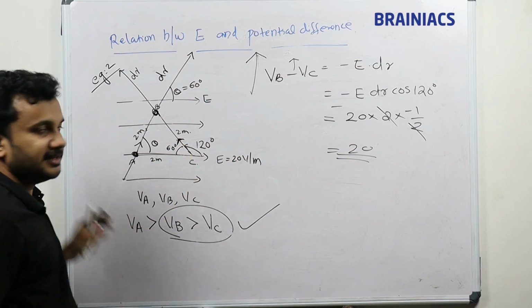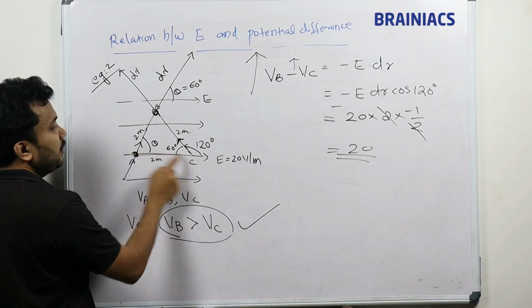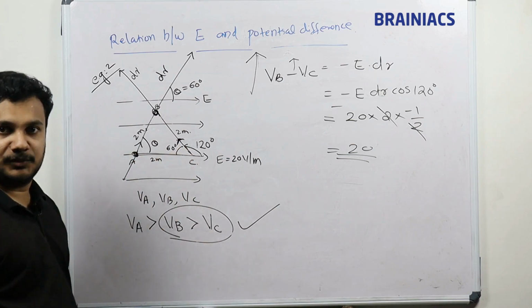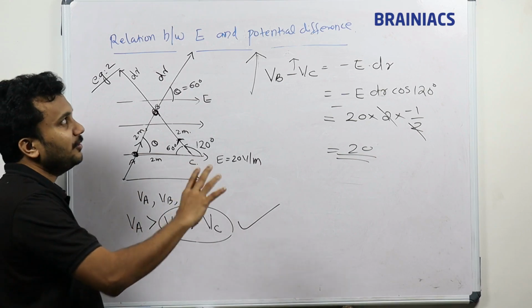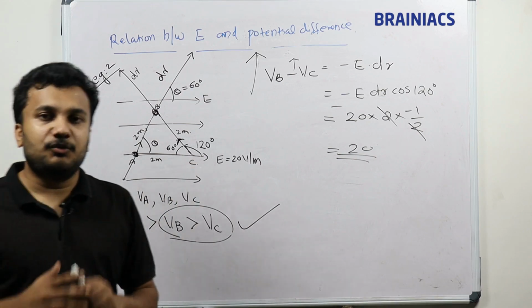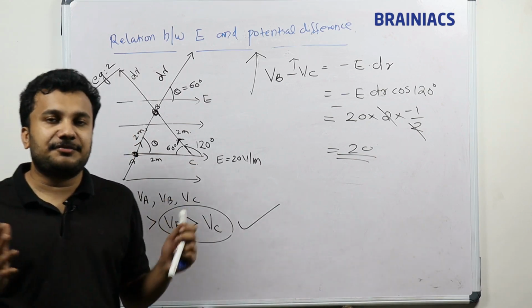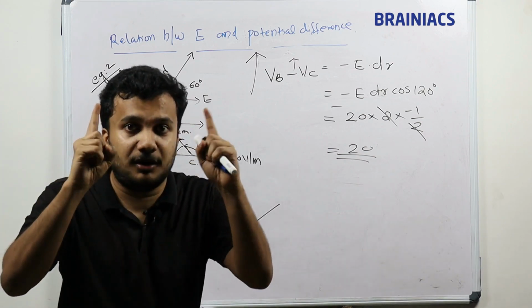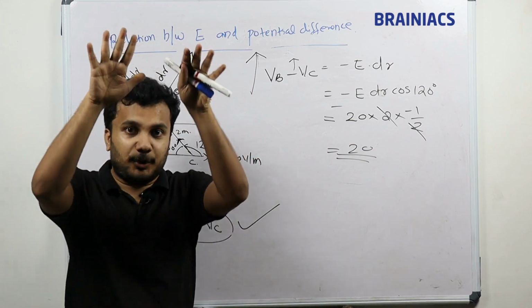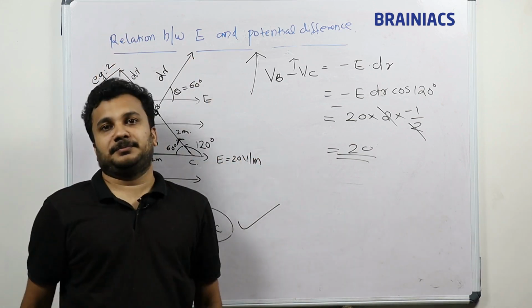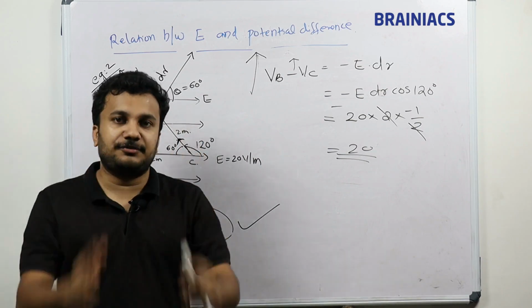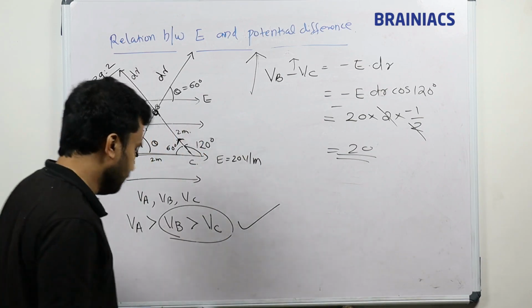So you can find any answer, like VA minus VC. This kind of question might come with respect to electric field and potential. Remember one point always: potential is decreasing along the direction of electric field. That is the important concept here.